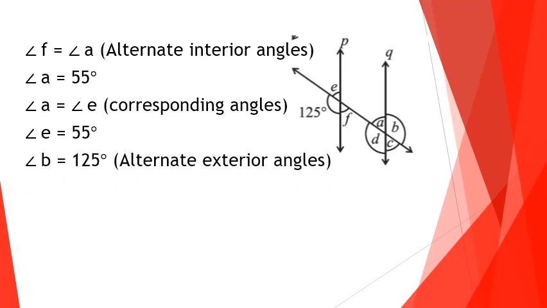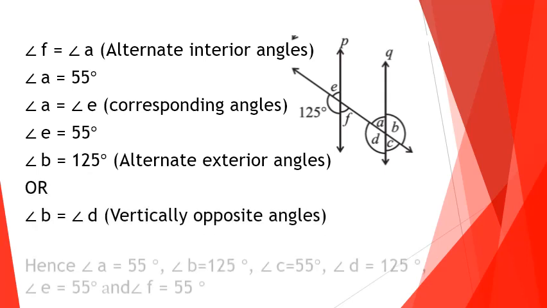Angle B equals 125 degrees, that is alternate exterior angles. Or we can write it here: opposite of 125 is marked as 1. So angle 1 equals 125 degrees, that is a vertically opposite angle, and angle 1 equals angle B, that is corresponding angles.